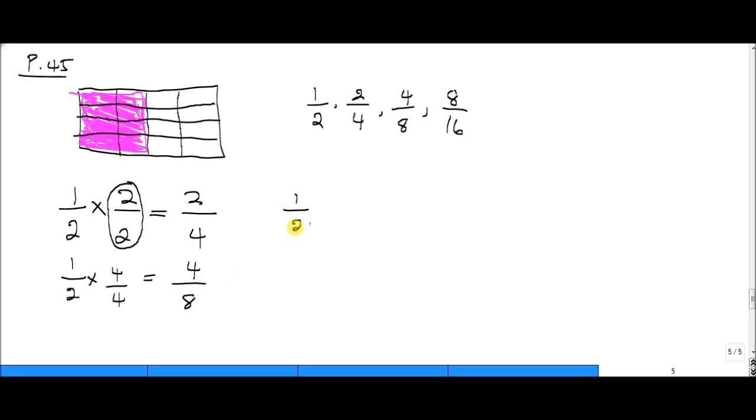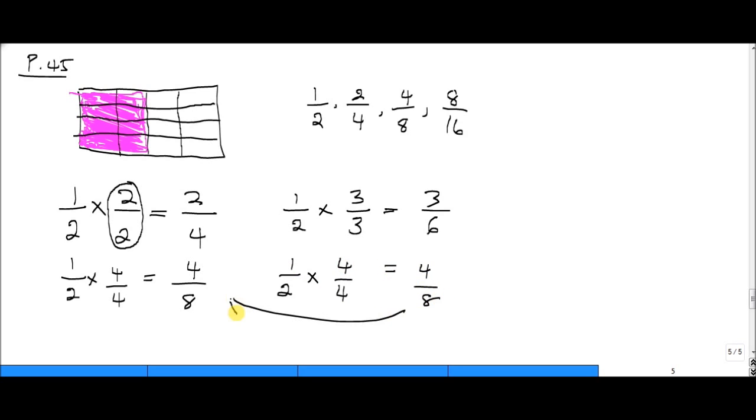A half, we could multiply by 3, coming up with an equivalent fraction of 3 ones, 3, over 3 2s, 6. Again, a half multiplied by 4: 4 ones, 4, 4 2s, 8. We had this one already.